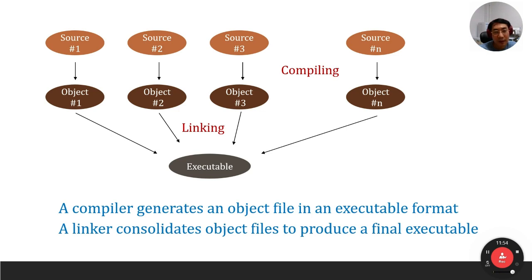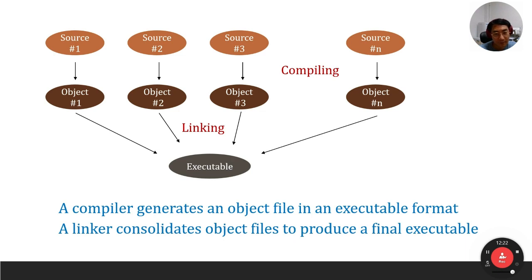At the end of the compilation, there is an assembler. An assembler produces the machine instructions, and inside the object file there is a machine instruction region. Once the object files are generated, a linker consolidates all the object files together to generate a final executable.